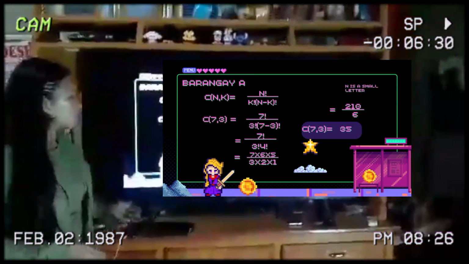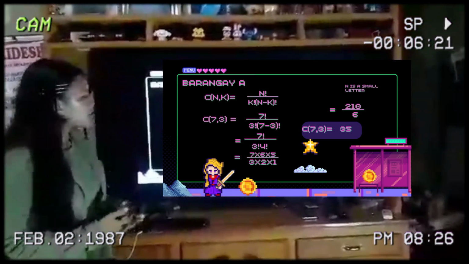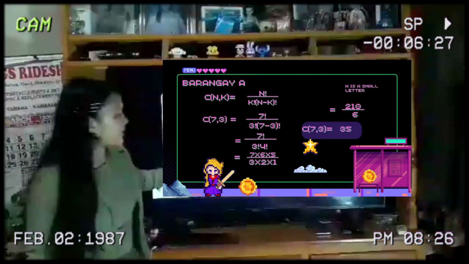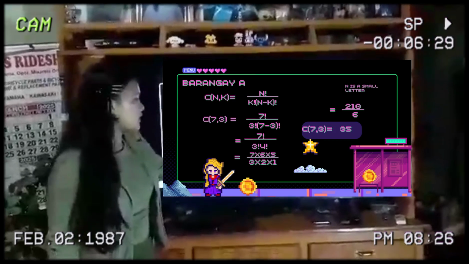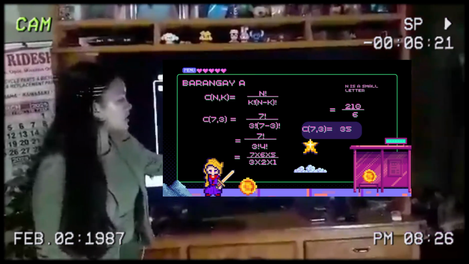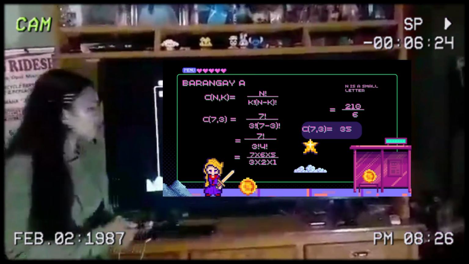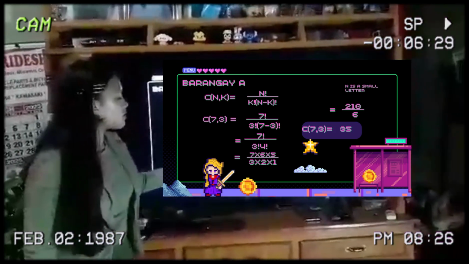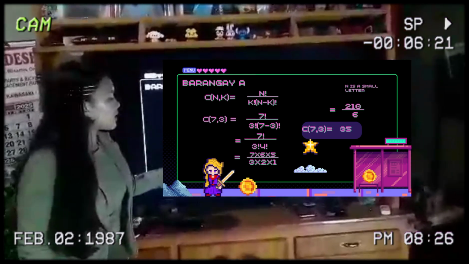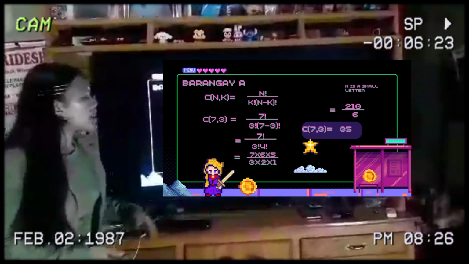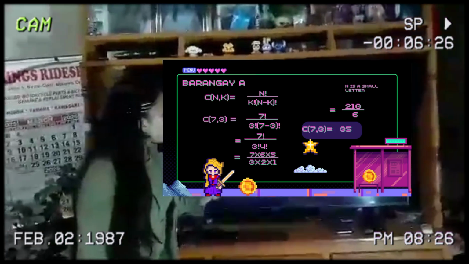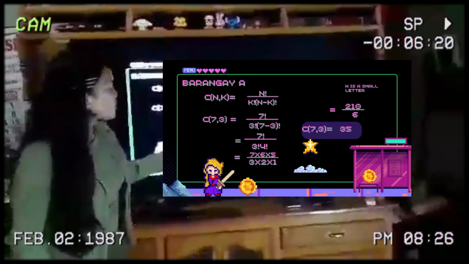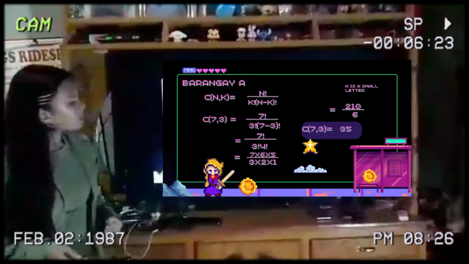Since factorial means multiplying downward, we have 7 times 6 times 5 times 4 factorial. We cancel the 4 factorial, so what remains is 7 times 6 times 5. Then in the denominator, what remains is 3 factorial, so 3 times 2 times 1. 7 times 6 times 5 equals 210, and 3 times 2 times 1 is equal to 6.